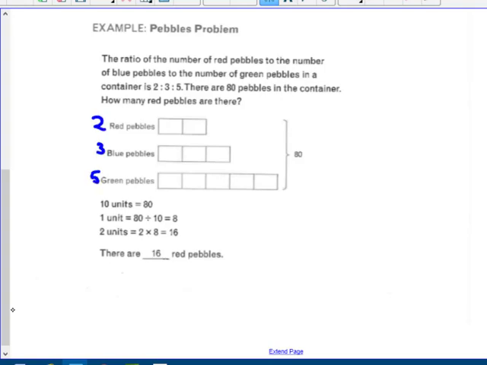That's the ratio. And you can see the bars are drawn there. How many red pebbles are there? Here's the question mark. Altogether in this picture, there are 10 bars. So if I take my 80 and divide it by 10, I get one of them is 8. So 2 of them would be 16. There are 16 red pebbles.